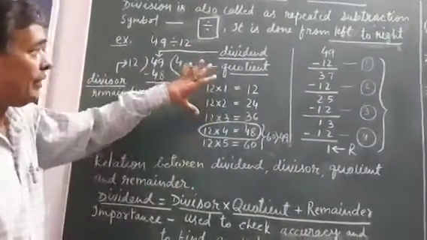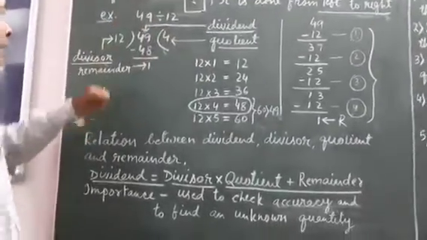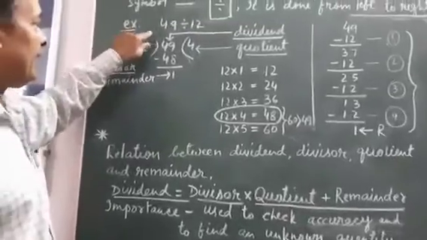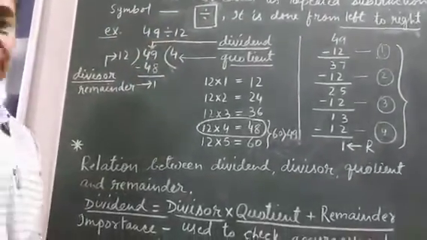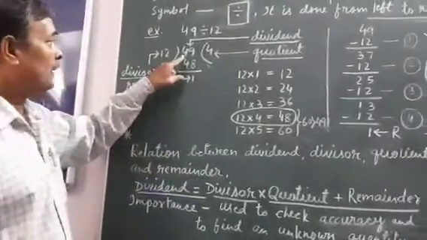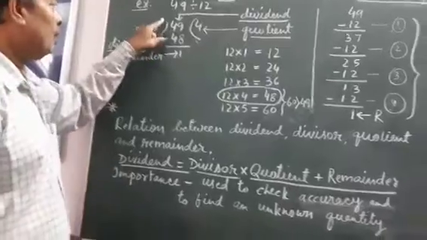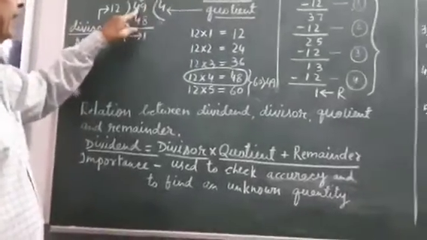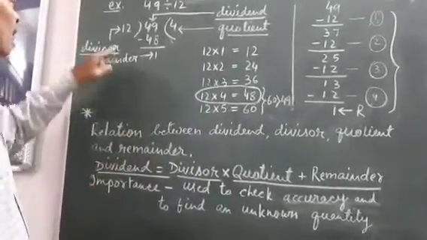To understand division, let us see one example. In this example, 49 we have to divide by 12. 49, that is the dividend, is written here. On either side of the dividend, that is 49, two curves are drawn.